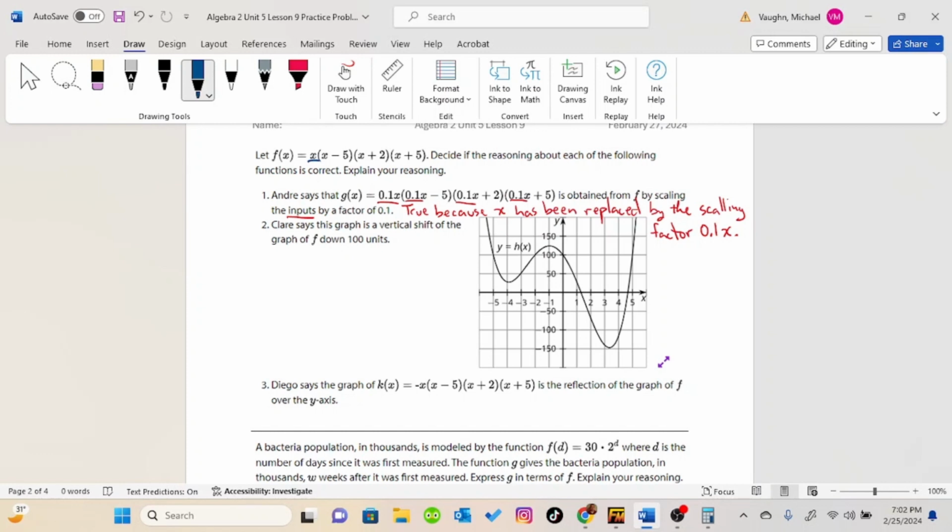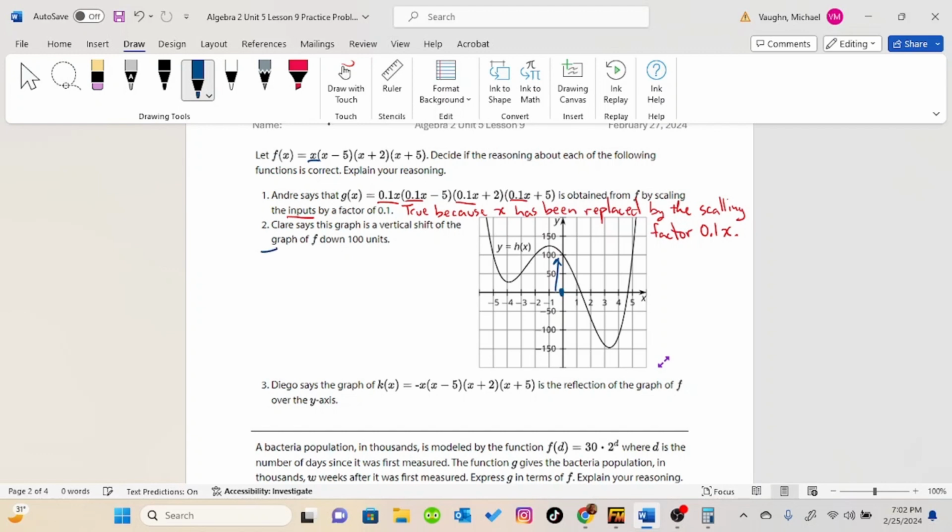So at x equals 0, the y-intercept would originally be at the origin.